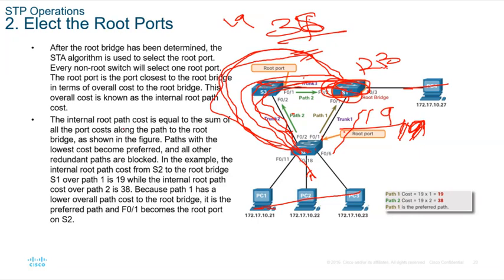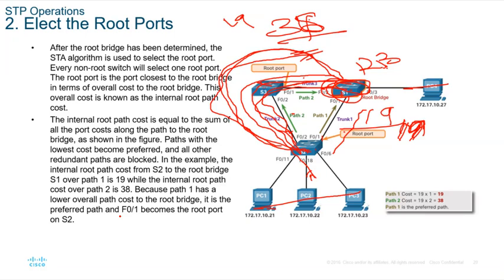So the internal root path cost is equal to the sum of all port costs along the path to the root bridge. As shown in the figure, the path with the lowest cost becomes the preferred, and all other redundant paths are blocked.